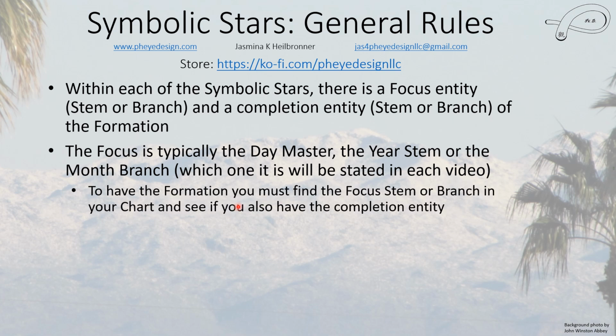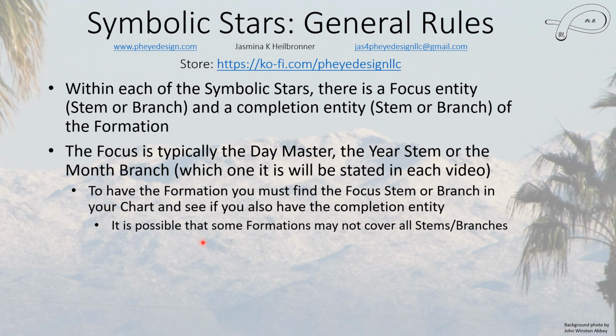To have the formation, you must first find your focus stem or branch, whichever it happens to be for that particular star, and then see if you have the completion entity. Most of the time you're going to be disappointed because there's only one for each one, and you've got basically a 1 out of 10 or 1 out of 12 chance of having what you need to have that particular symbolic star.